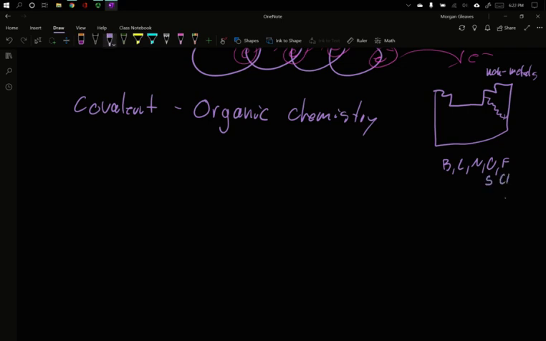Sulfur, chlorine, bromine, iodine, phosphorus. There's a zigzag in the periodic table. This isn't all of them, but that zigzag in the upper right of the periodic table kind of blocks off the non-metals. Hydrogen is also included in this, even though it technically shows up over here. Hydrogen is just an exception to a lot of rules. It shows up in the non-metals for bonding.